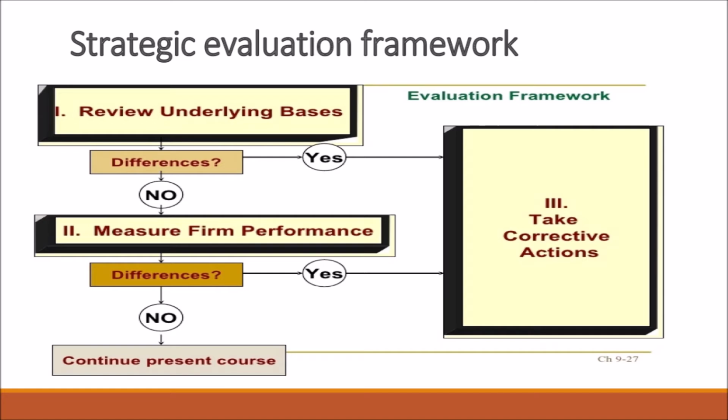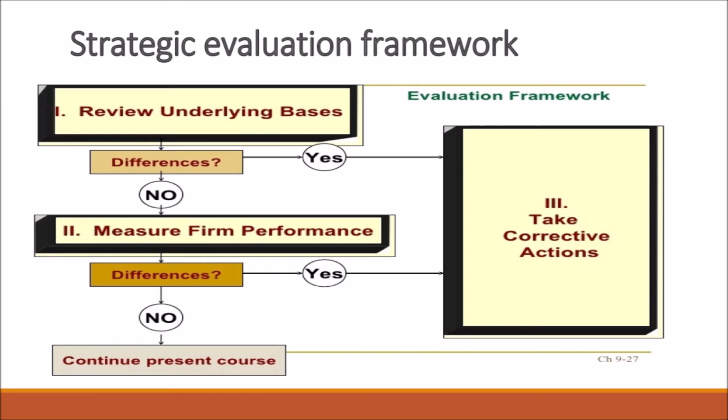If you review the basis and you see that there is no difference, okay, so measure, the next thing you do is to measure the performance. And also if you go to the performance level and you see that there are differences, yes, you move to take corrective actions. If there are no differences, then you continue with what you are doing.